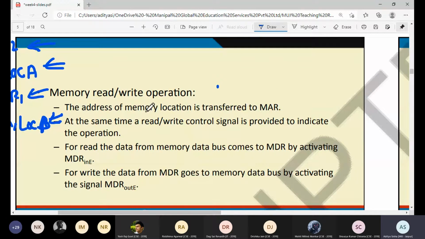Memory read and write operations, we have already seen the data path for them. The address of the memory location is transferred to MAR. At the same time, a read/write control signal is provided by the control unit to the memory. For reading, data from the memory data bus comes to MDR by activating MDR in E. For writing, data from MDR goes to the memory data bus by activating the signal MDR out E. MDR out E is for the connection of MDR to the external bus or the internal bus.